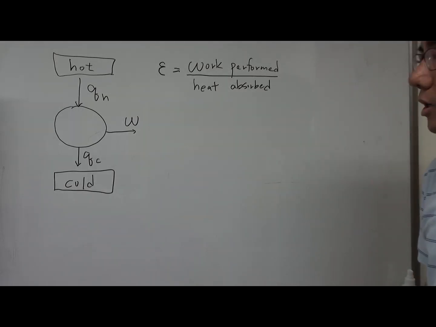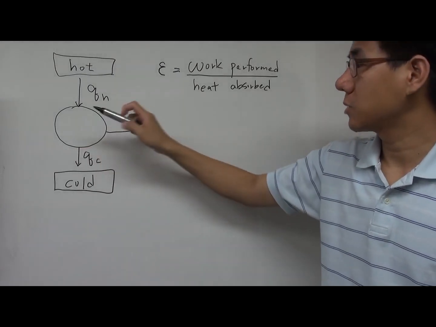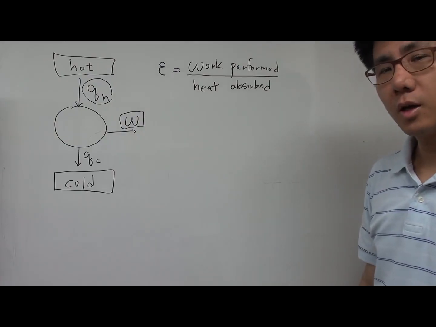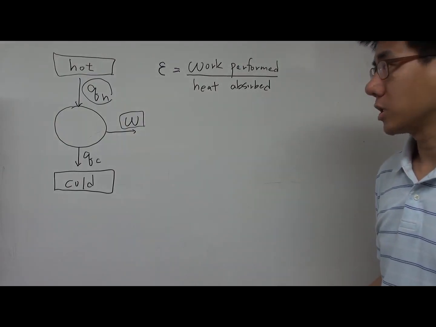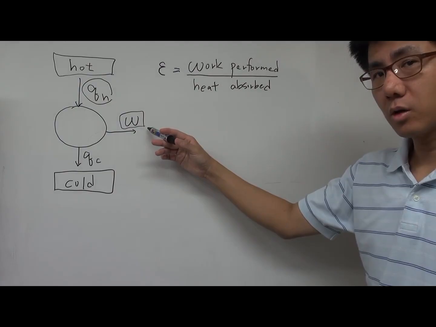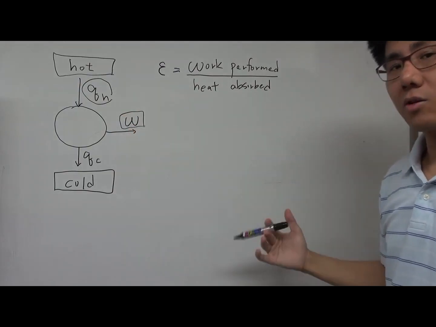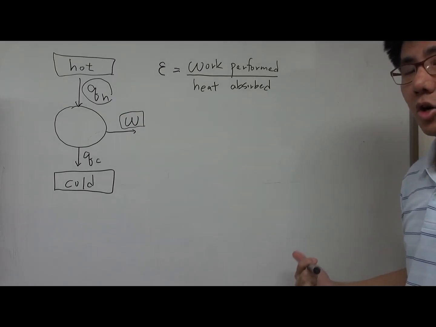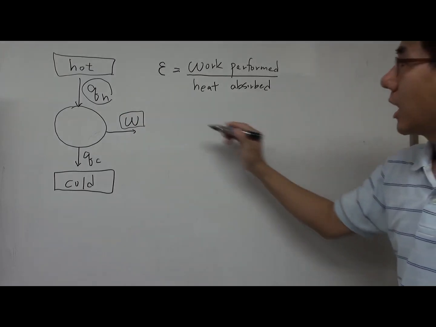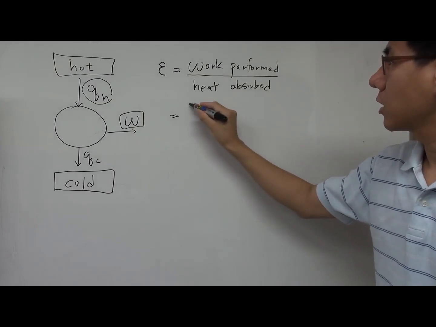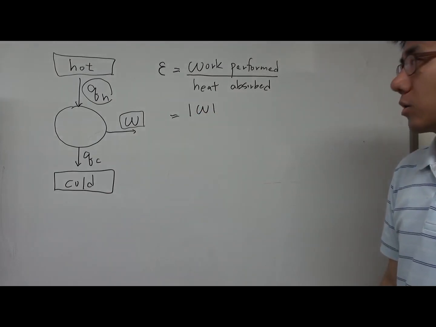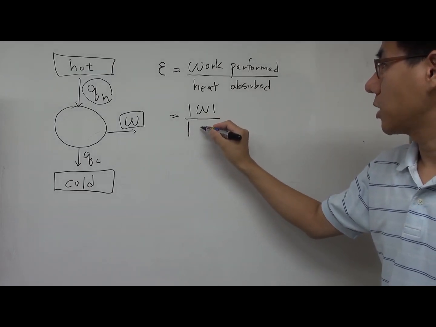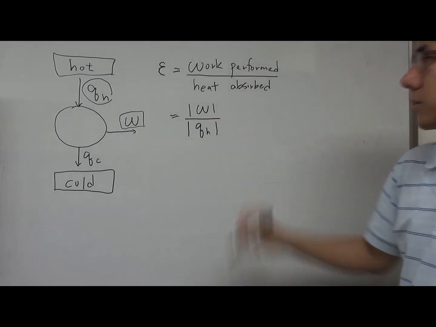And what a heat engine does is basically convert heat into work. Okay, a certain kind of heat engine could get much more work from heat compared to other engines. Okay, that's why we define efficiency of heat engine as this. How much work does this engine do as a function of the amount of heat it absorbed.